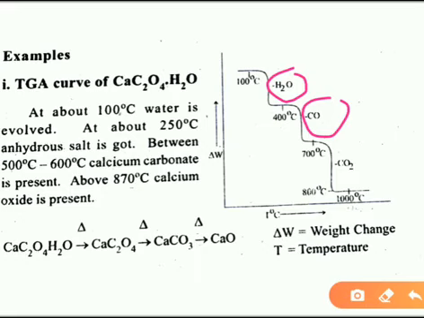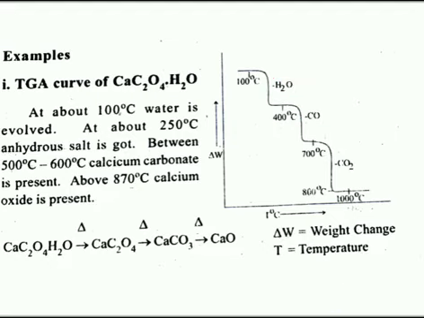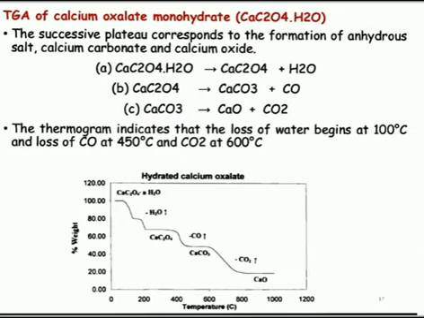And then it loses a carbon dioxide molecule above 870 degrees Celsius, as shown in the equation. Here I have given the same thermogram of calcium oxalate monohydrate, with the equations showing how it loses its water molecule, carbon monoxide and carbon dioxide.